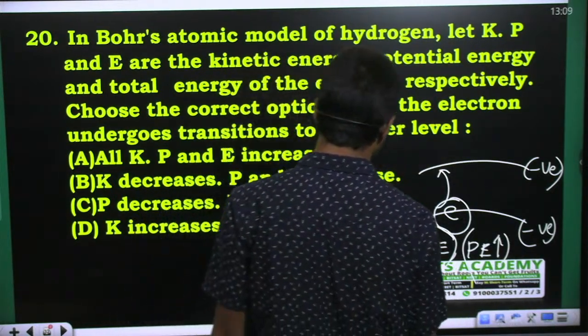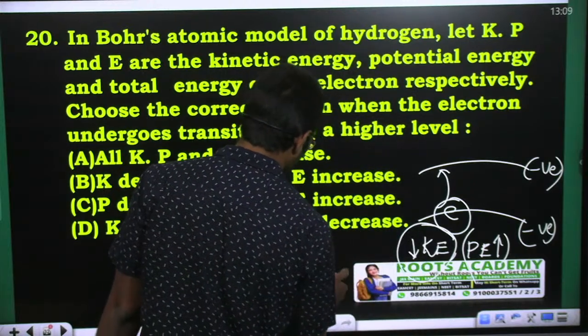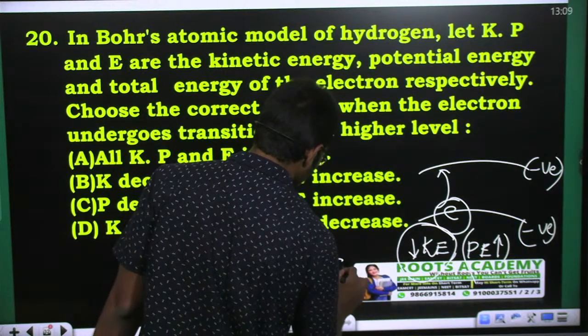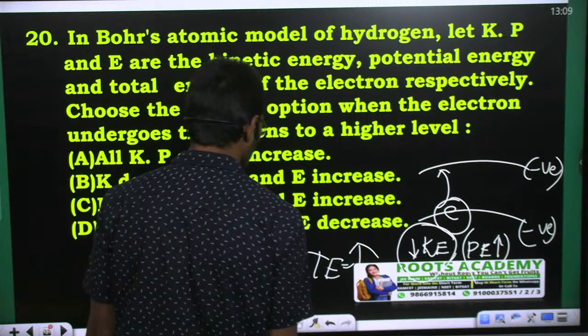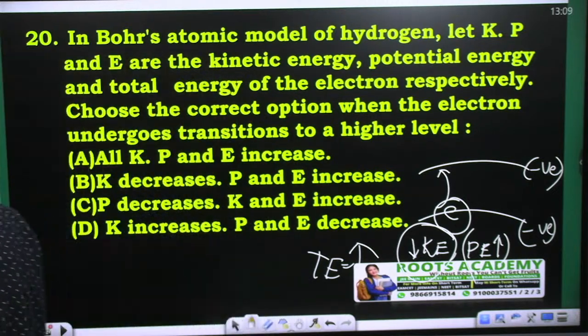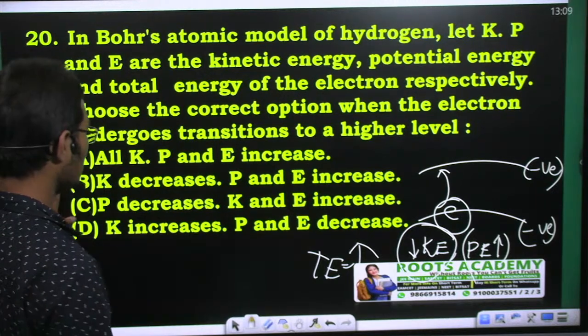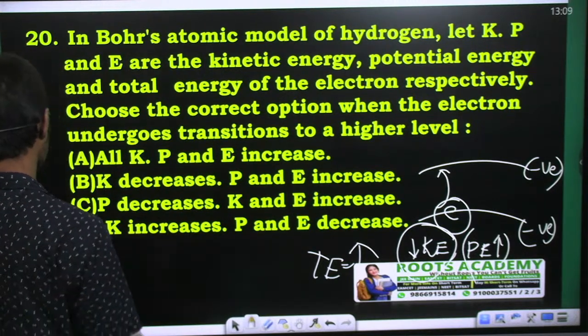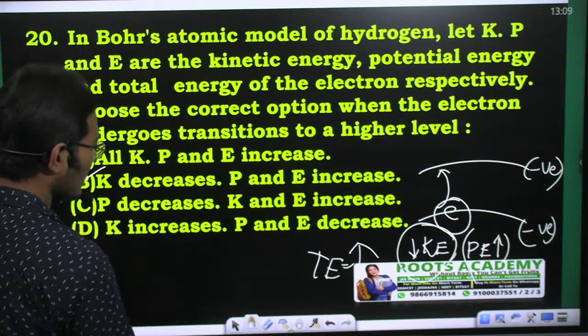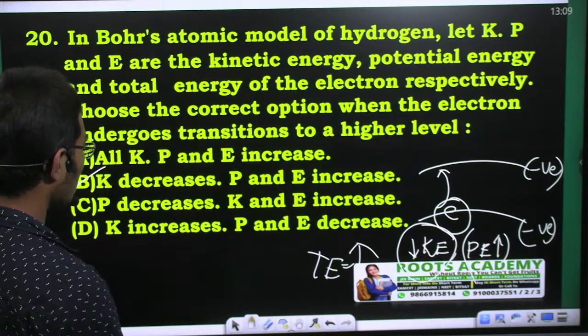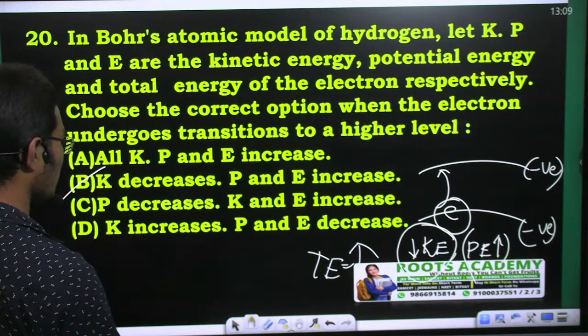So the total energy, the sum of these two energies, will increase. So kinetic energy decreases, potential energy increases, and total energy increases. K decreases, P and E increase, I guess B.